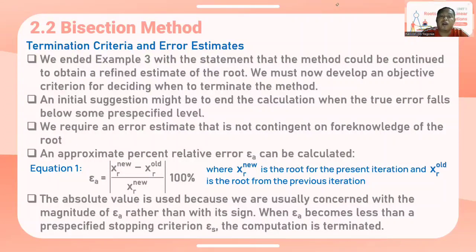The absolute value is used because we are usually concerned with the magnitude of epsilon sub a rather than its sign. When epsilon sub a becomes less than a pre-specified stopping criterion, epsilon sub s, the computation is terminated.